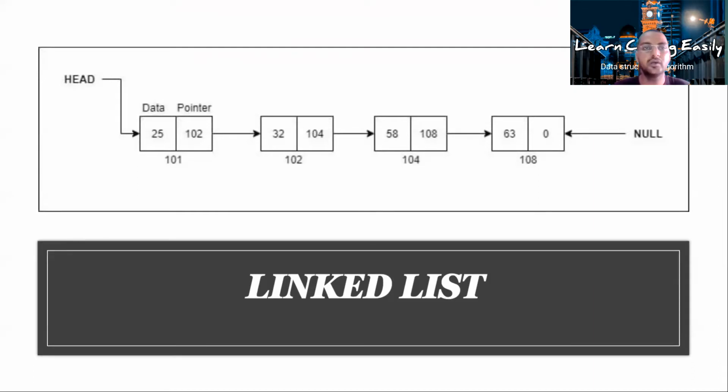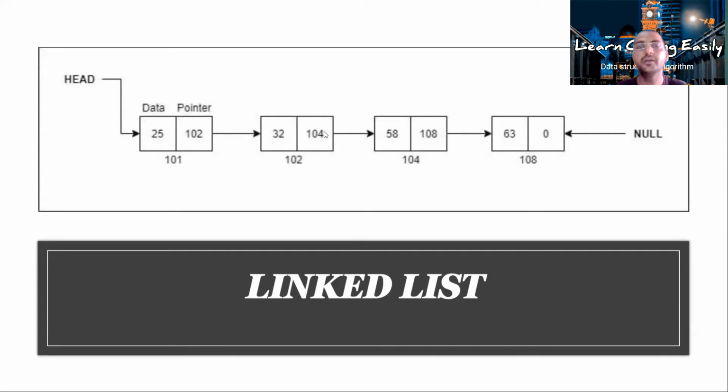So let's say we have data like 25, 32, 58, and 63, right? The first node will have 25 and a pointer. This pointer will point to the second element, which is 32. And this 102 is nothing but the address of 32 in memory. So this pointer will have the address of the second element.